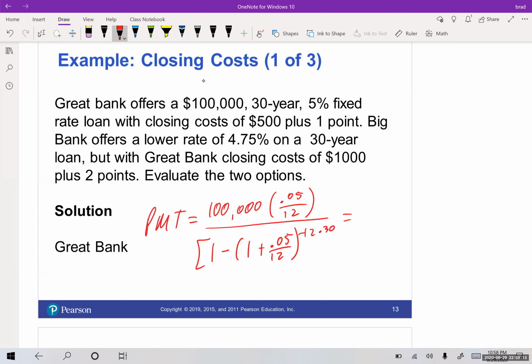So take a minute, plug that into your calculator and see what you get. Hopefully you unpaused the video and ended up getting $536.82. So that means for a $100,000 loan, you're going to have to pay $536.